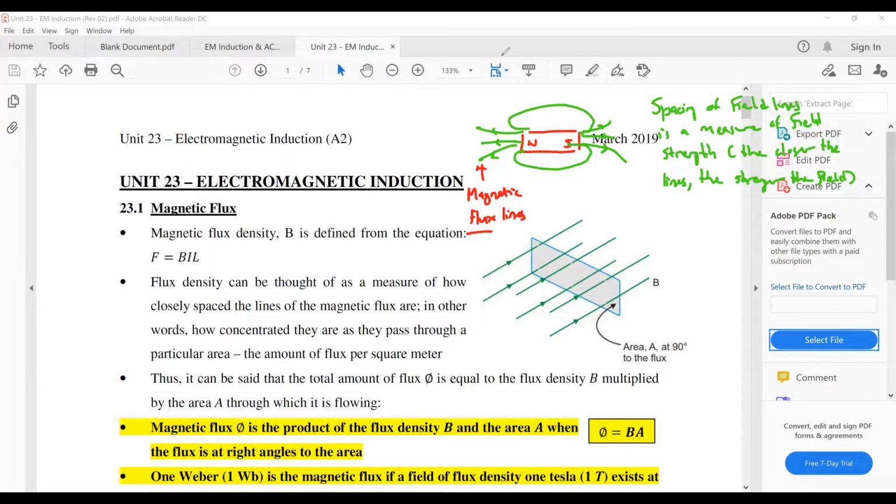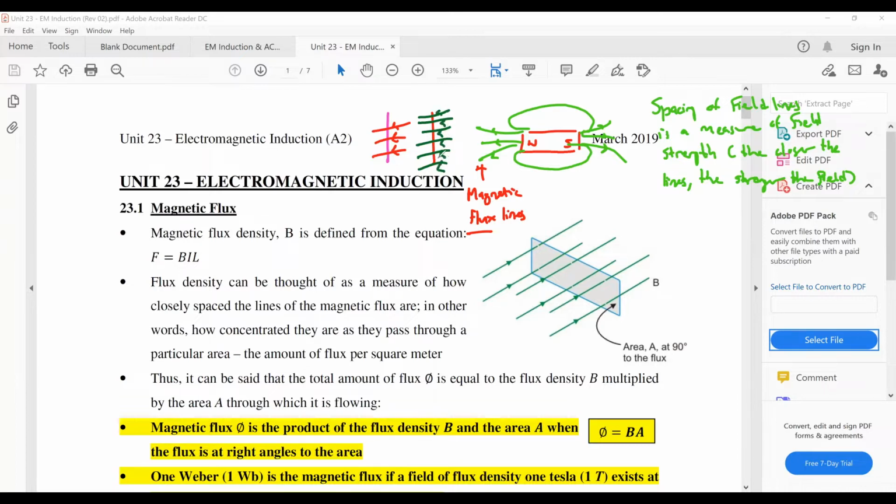Now if you talk about a particular area, maybe I have an area like this, and then I tell you that there are 3 flux lines going through it, and then I have the same given area, but this time I have a lot more flux lines going through it, maybe this much, like this.